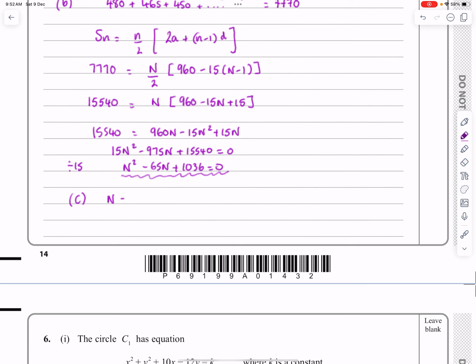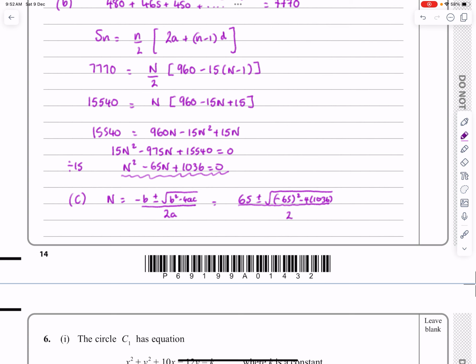So I'd say n is equal to minus b plus or minus the square root of b squared minus 4ac, all over 2a, which works out to be, if I put that in, 65 plus or minus the square root of minus 65 squared minus 4ac, which is minus 4 lots of 1 lots of 1036, all divided by 2.